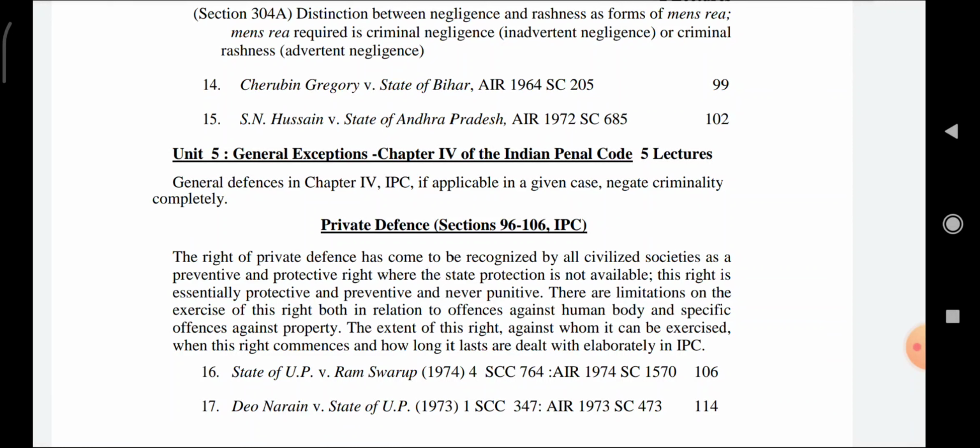There are limitations on the exercise of the right, both in relation to offences against the human body and specific offences against property. The extent of this right, against whom it can be exercised, when this right commences, and how long it lasts are dealt with elaborately in the Indian Penal Code.